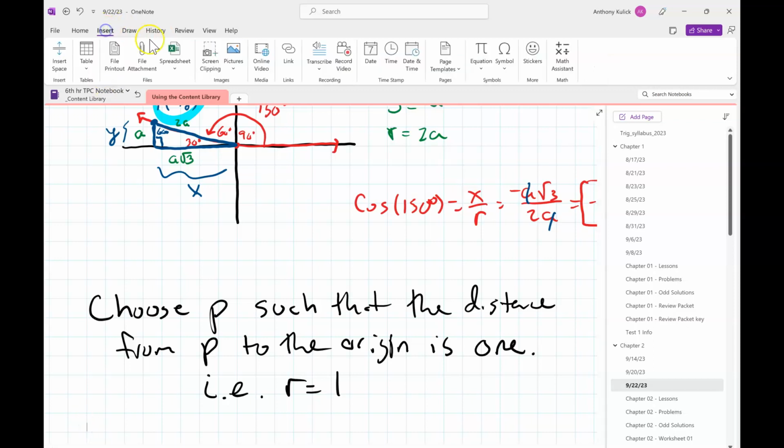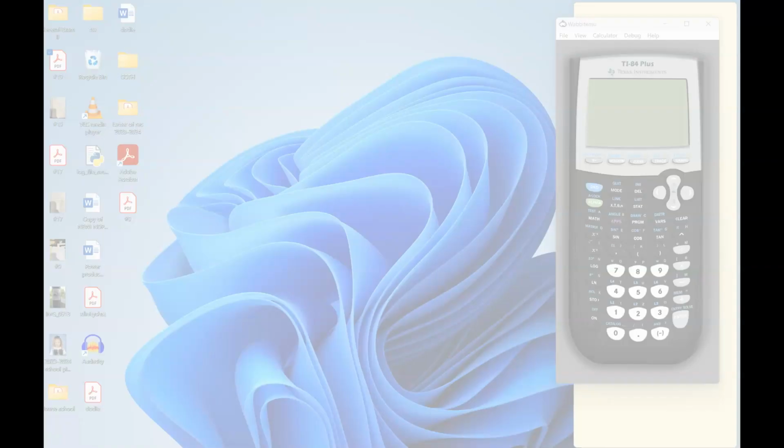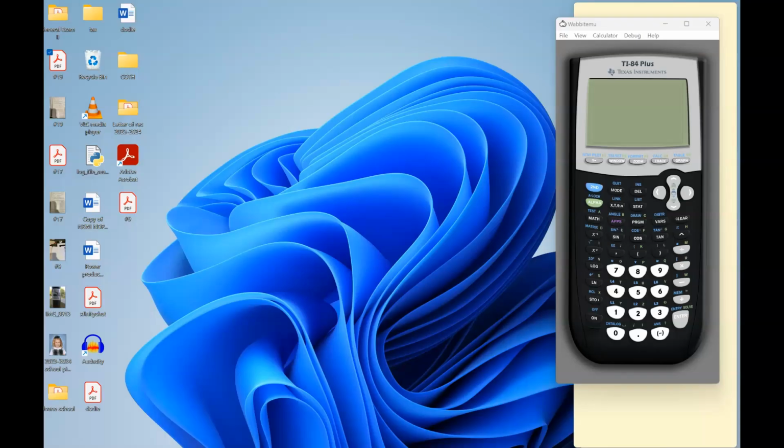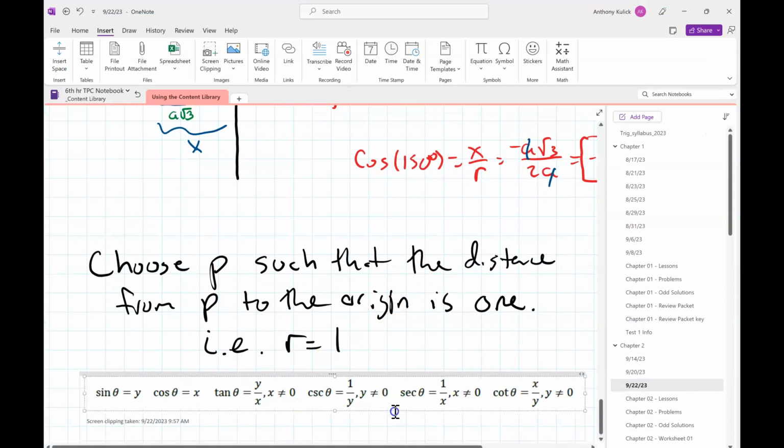So if I do that, what do my definitions for sine, cosine, and tangent, etc. turn into? Well, sine was y over r, but since r is 1, sine is now just y. Cosine was x over r, but since r is 1, cosine's just x.